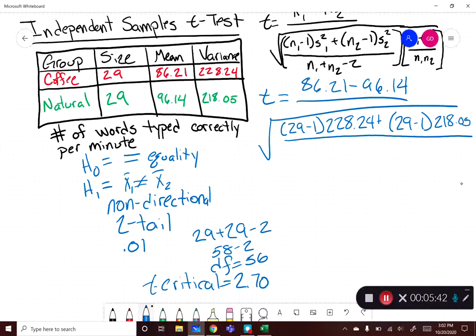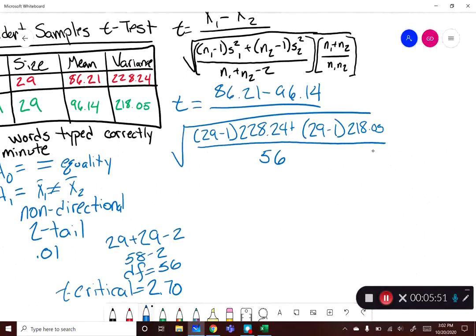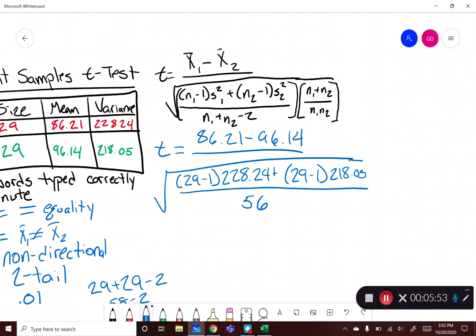So here again, you see sample size of group 1 plus sample size of group 2 minus 2. I'm going to go ahead and put 56 down here since we already calculated that. And then don't forget on the right side, so let me draw that out a bit more, put brackets around here. We have 29 plus 29 and 29 times 29.